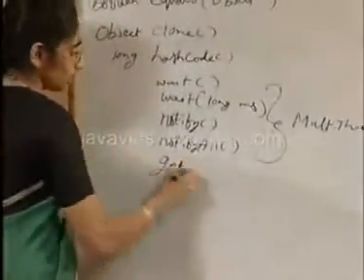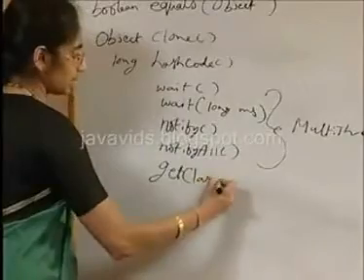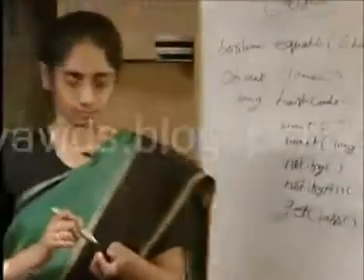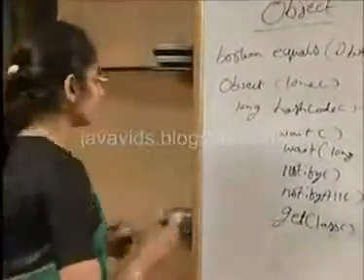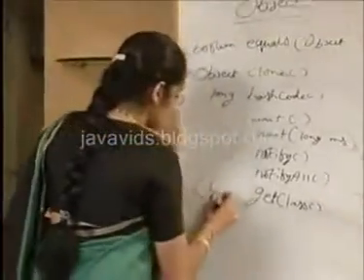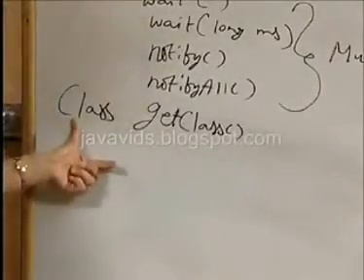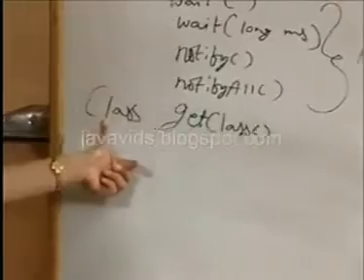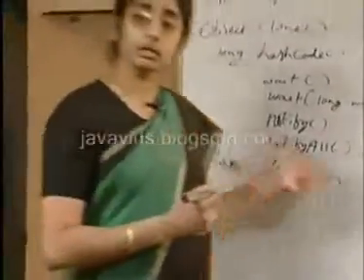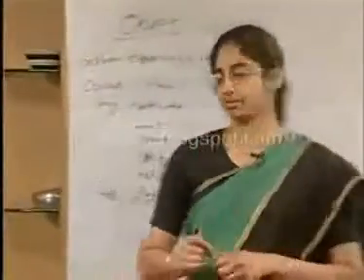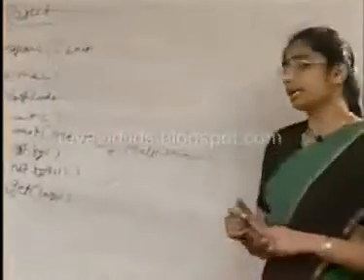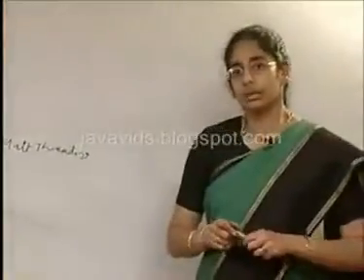We also have the getClass method. The getClass method returns a Class object. Now Class here, uppercase C Class, is a class also. This also belongs to the lang package. getClass is used to make a reflection on a class.